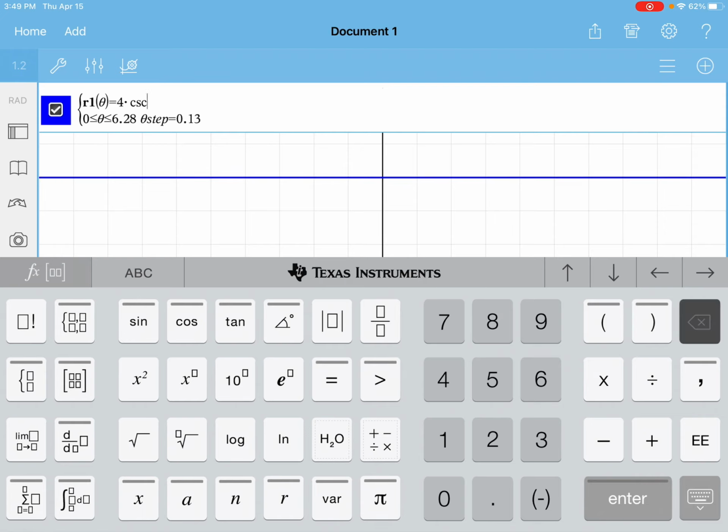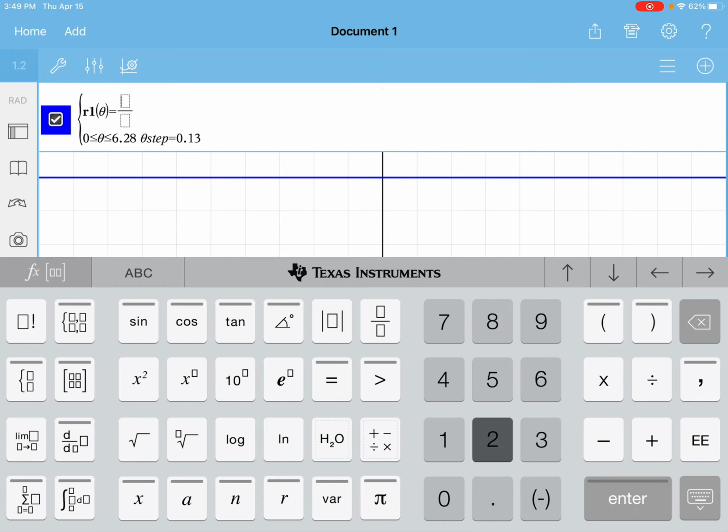I think if I just go up arrow, I can take this one out, and I can put in a fraction. There we go.